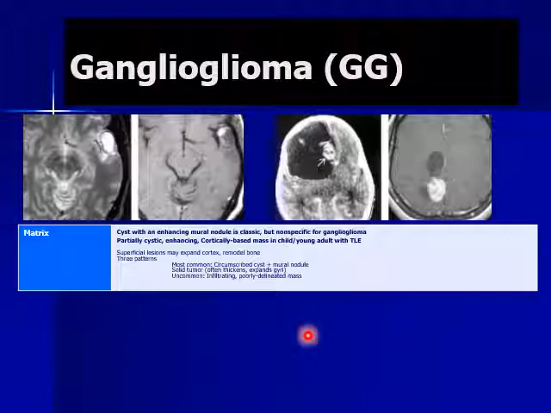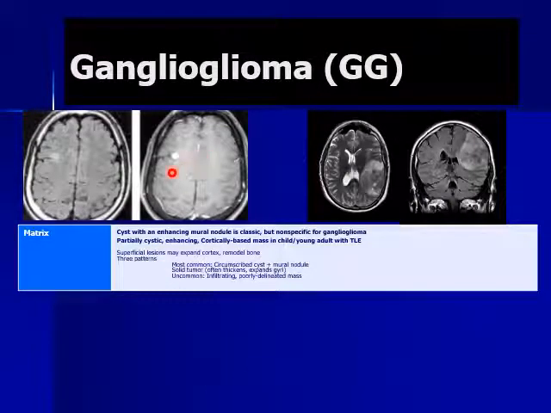We have three patterns, as I have told you. The most common is a cyst and nodule. The second type is just a solid tumor. And the third type, which is uncommon and not easily diagnosed, is an infiltrative, poorly delineated mass lesion.